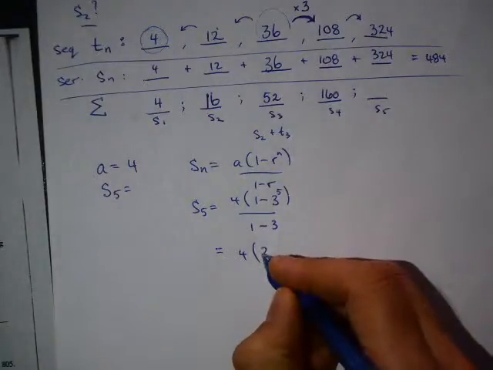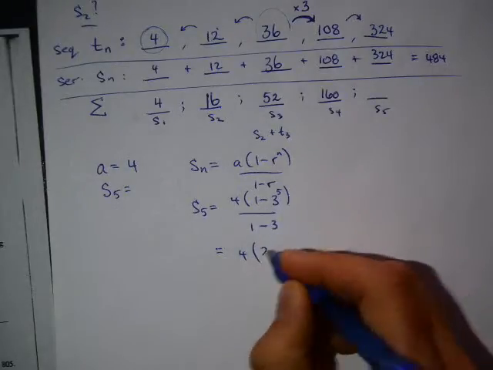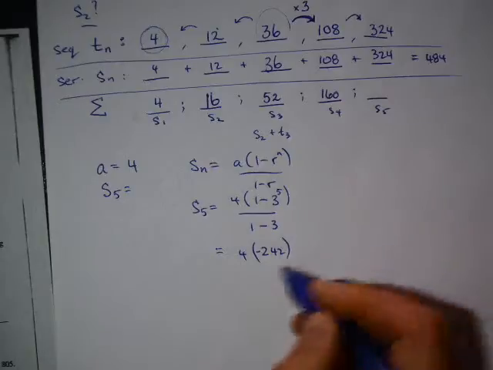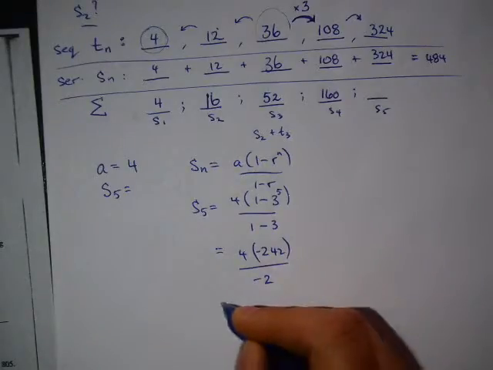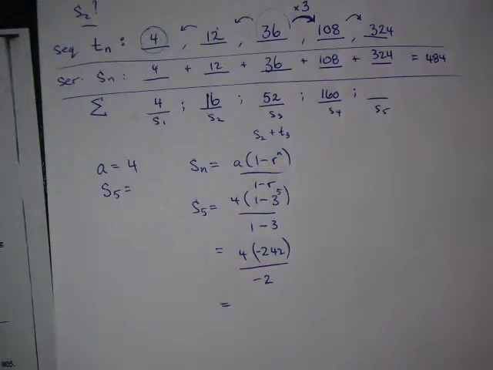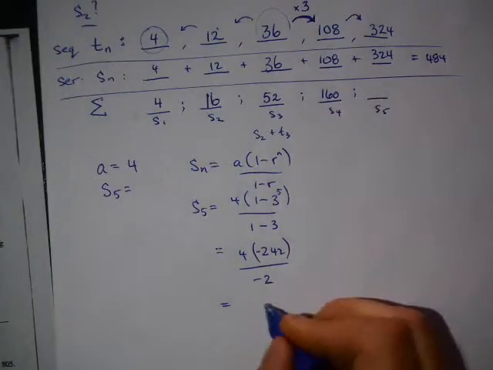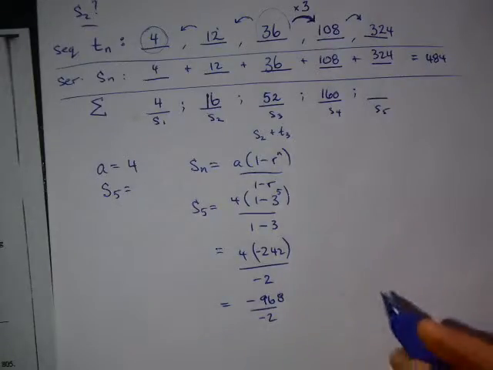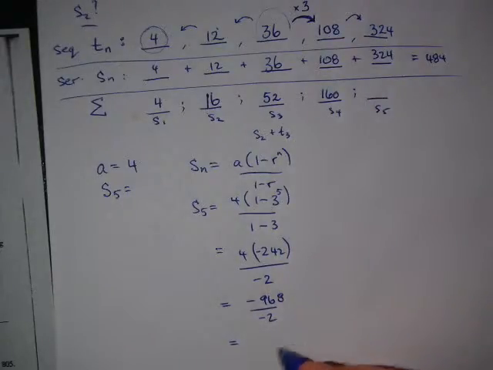I should remember that. 243 is a fun number. 1 take away 243 is negative 242 over negative 2. And let's do a little bit of work with that. I think that's going to be 968 over negative 2. And that value right there is going to be 484.